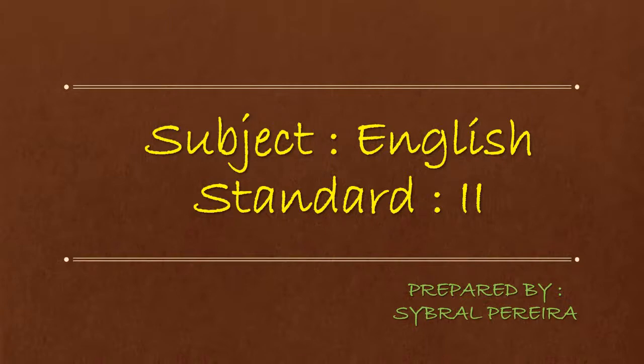Who buys these things for you? Yes, your parents buy. All these shopping things, your mother or your father, your parents do it. So today we are going to learn an interesting topic, that is going shopping.